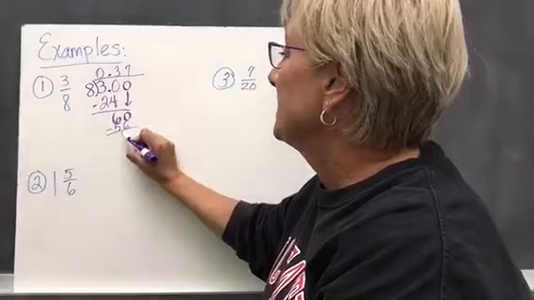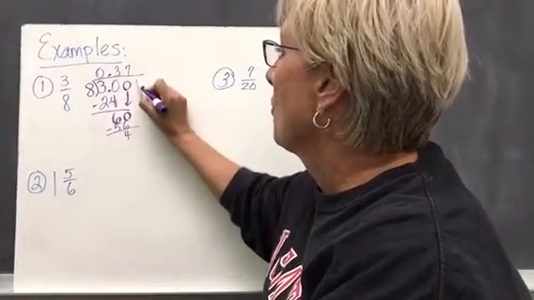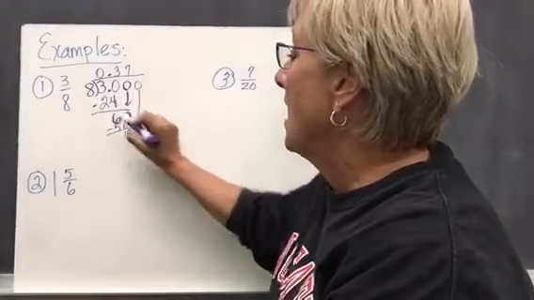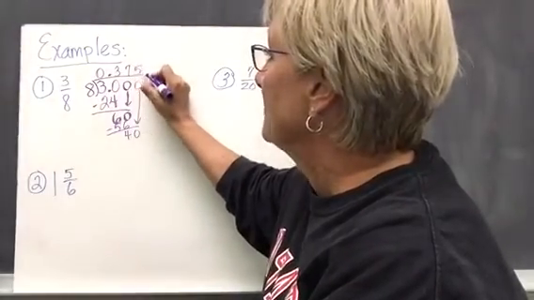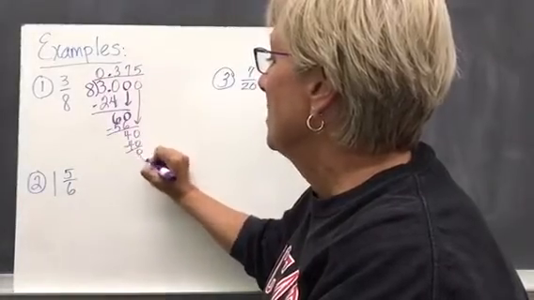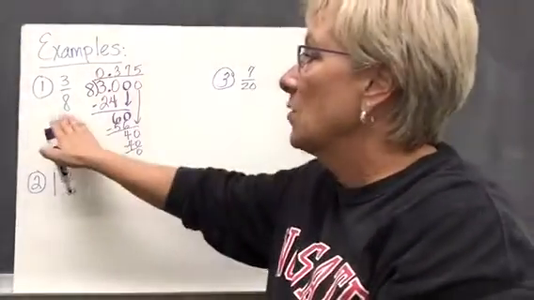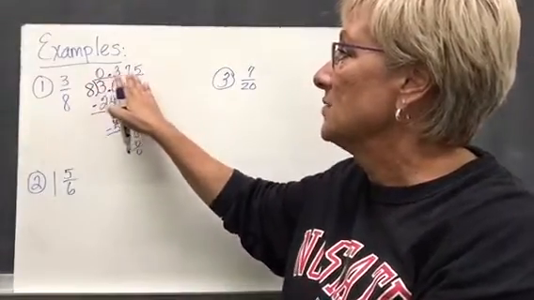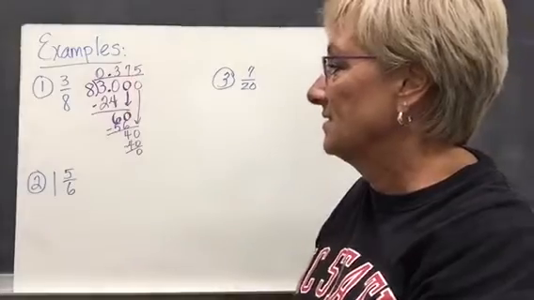So I know that 60 minus 56 is 4. Bring down a 0 like we have been doing in the past. And I know that 8 will go into 40 exactly 5 times. So 5 times 8 is 40. And when I subtract that, I have nothing left over. So the equivalent decimal for 3/8 is the same thing as 375 thousandths.